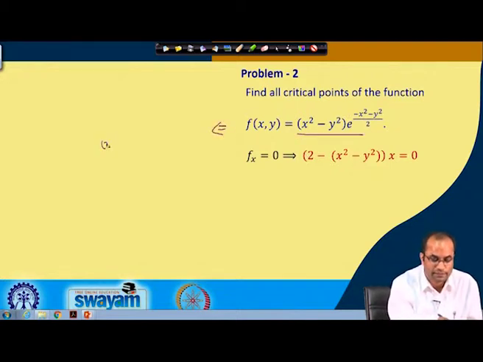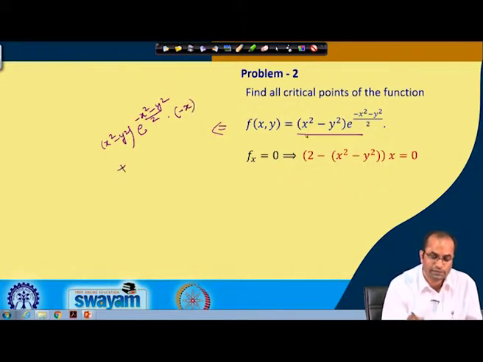So, we will get x² − y², and the derivative of this term again the same, e^(−(x² + y²)/2), and then there will be a term −2x divided by 2, that is −x, plus the derivative of this with respect to x, and then we have the e^(−(x² + y²)/2) term.